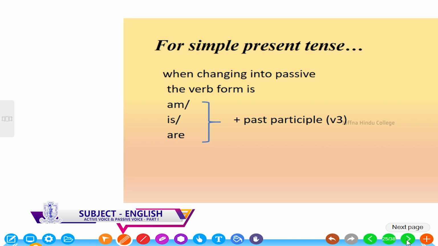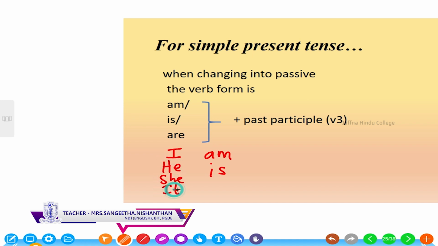When changing into passive, the verb form is am, is or are. Am is used when the subject is I. Is is used for he, she, it or any singular form.